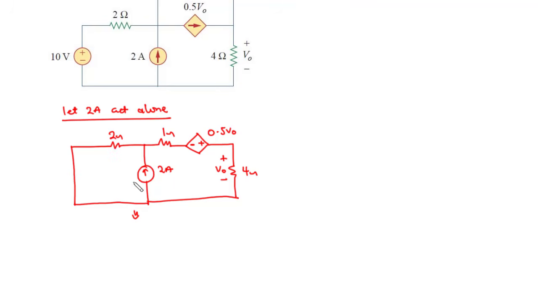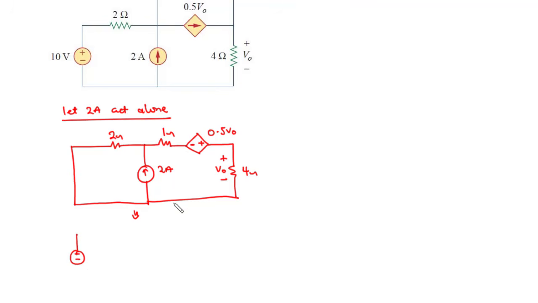Now if you want to think of this as in parallel, you can, let's say, clean this and then come and put that here, and so you realize that it is in parallel. Okay, so we are going to transform this so that we have a voltage source.